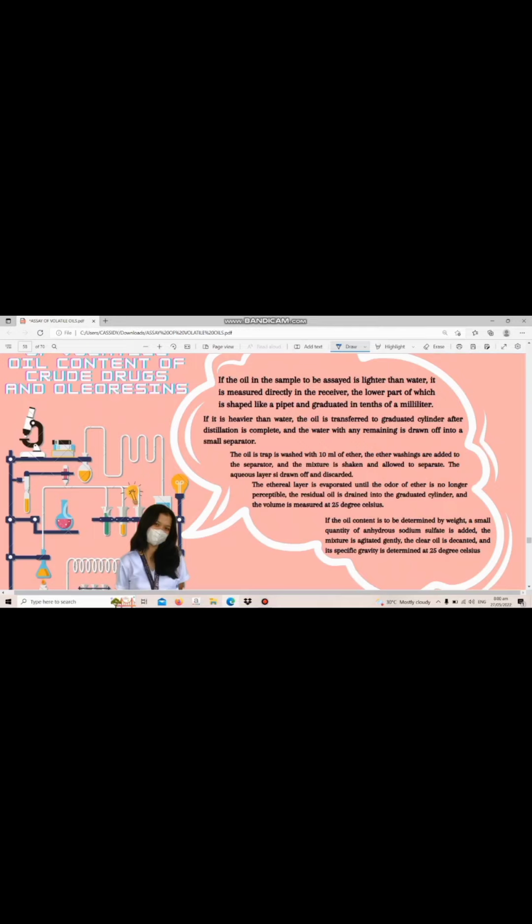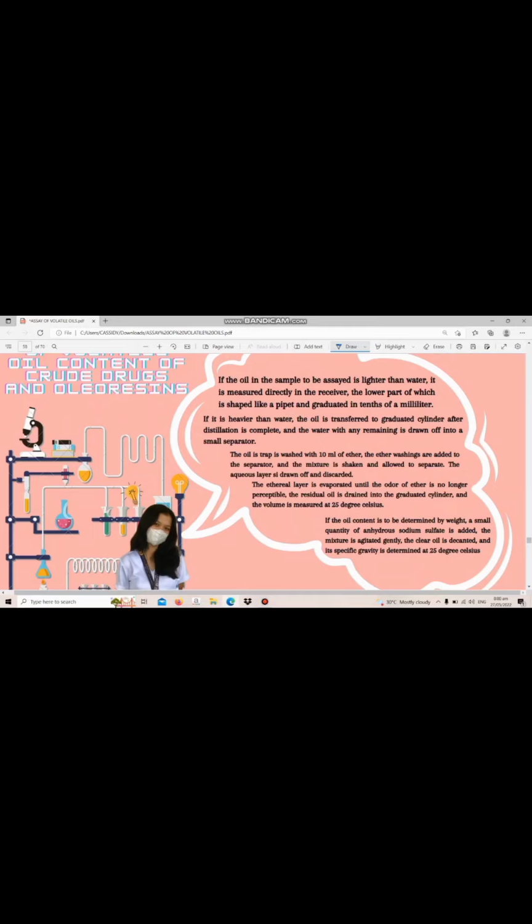The ether washings are added to the separator and the mixture is shaken and allowed to separate. The aqueous layer is drawn off and discarded. The ethereal layer is evaporated until the odor of ether is no longer perceptible. The residual oil is drained into a graduated cylinder and the volume is measured at 25 degrees Celsius.